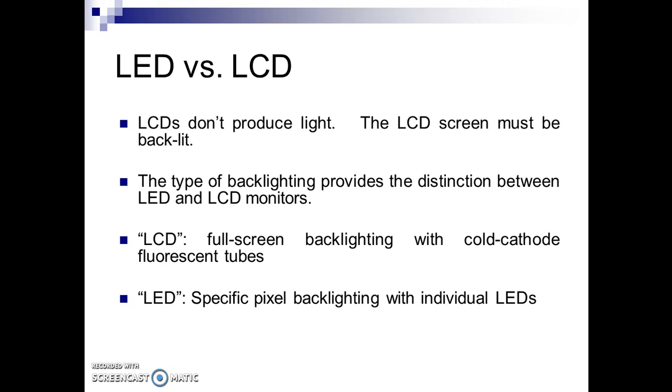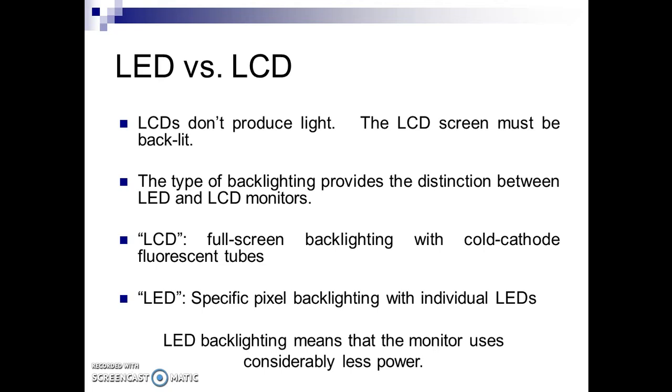And the difference between those two approaches is striking. LEDs are more efficient than fluorescents, but also the fact that you only light what you want means that an LED monitor is going to use considerably less power than an old style LCD.